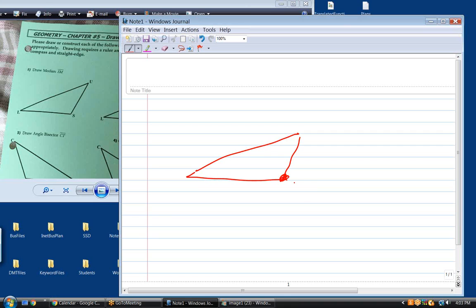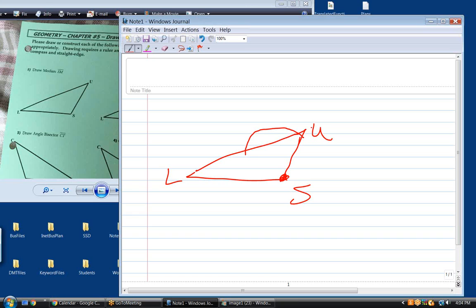So that's where you put your compass, and it has to intersect before you get to U. In other words, you're going to draw an arc like that. You can't draw an arc that intersects beyond U.